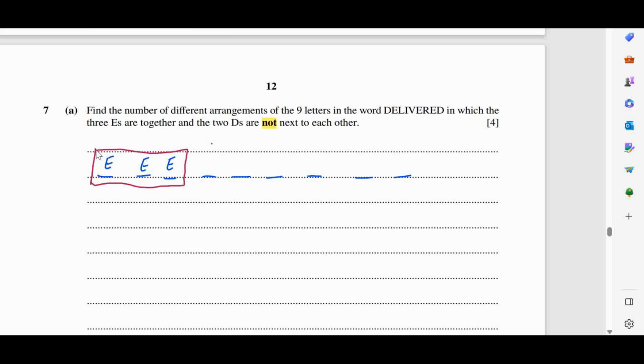This is the first portion. And the remaining 6 letters will be D, L, I, V, R, D. So these are the remaining 6 letters. Now from here we can find the total number of ways.